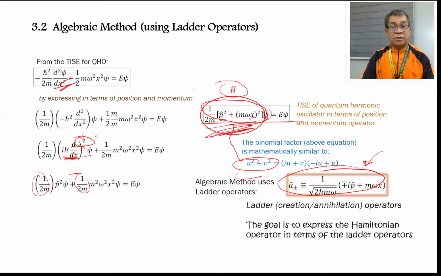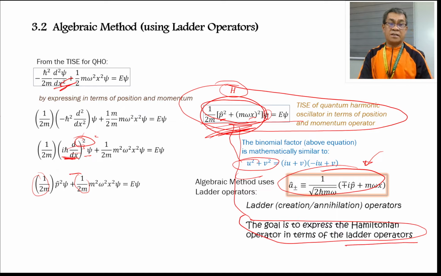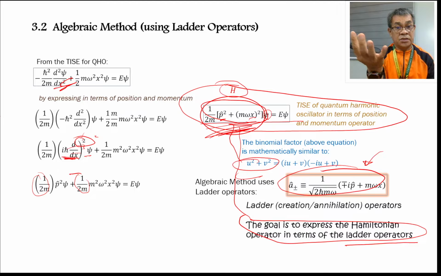So this is our Hamiltonian in terms of position and momentum, but the next move is to express the Hamiltonian in terms of the ladder operators. And in such, we can express the Hamiltonian now in terms of the operators. And that's it. That's the strategy. And let's see what will happen next.